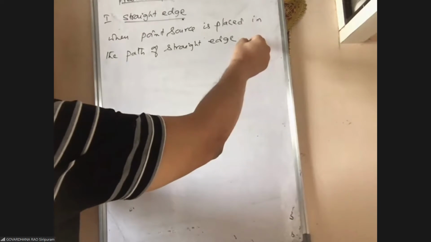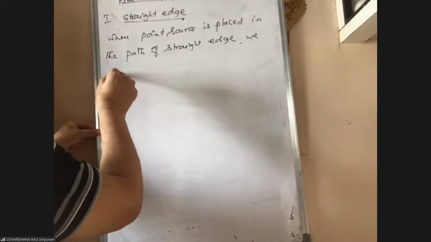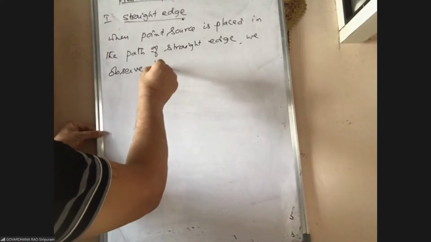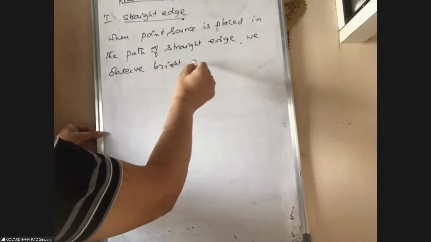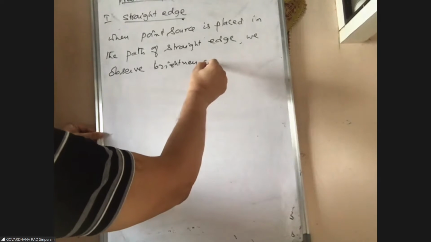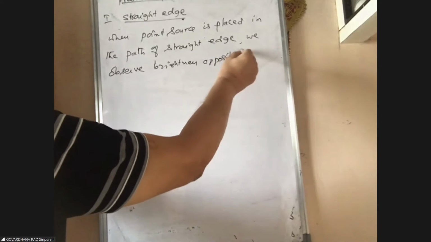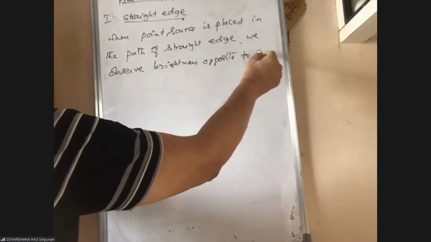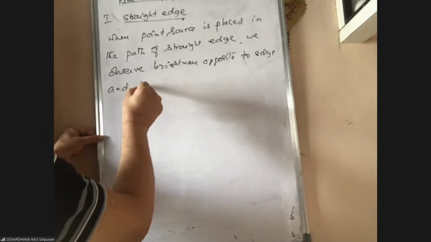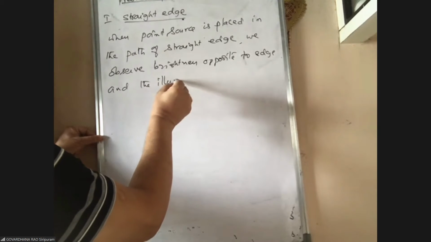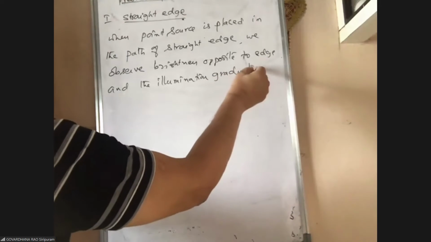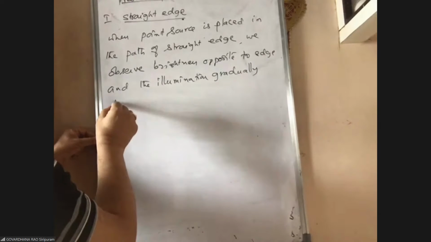We observe brightness opposite to edge and the illumination gradually decreases.